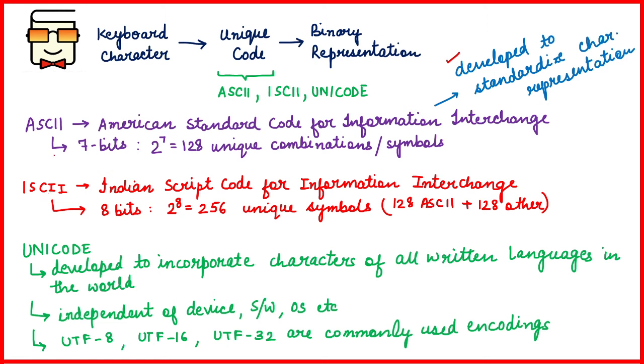Okay, so ASCII had 7 bits, thus representing 128 unique symbols, whereas ISCII, that used 8 bits, not only represented 128 ASCII symbols but also 128 Indian regional language symbols. Then Unicode was developed to incorporate all written languages worldwide, and it is independent of the device, the OS and the software. And these are the three main encodings of Unicode that are used in present times.